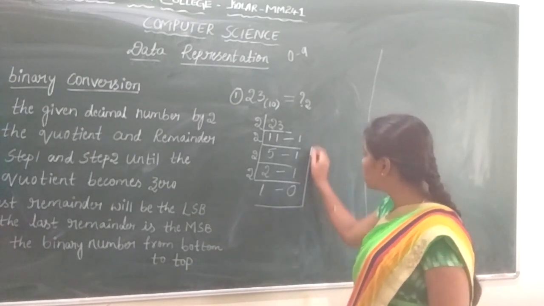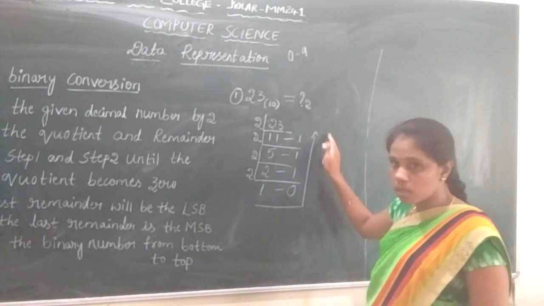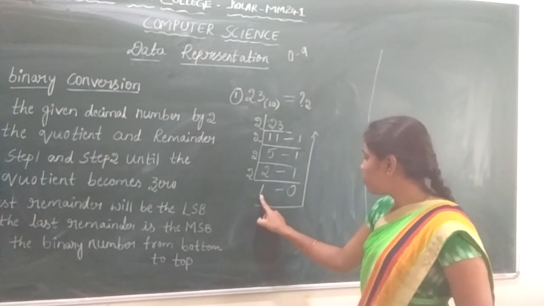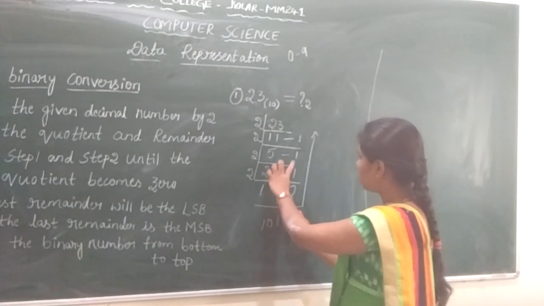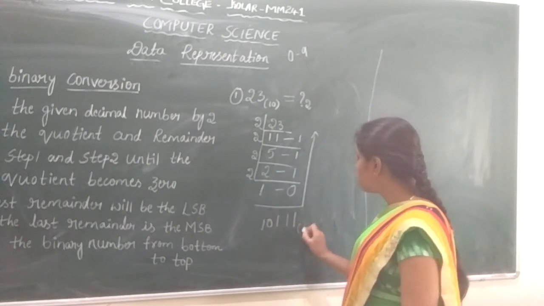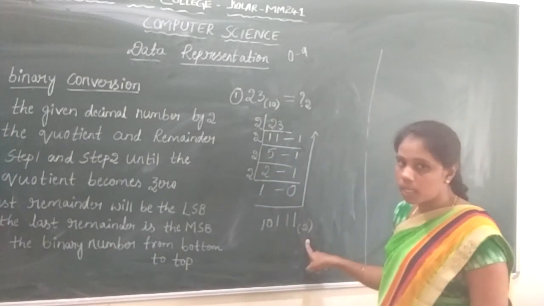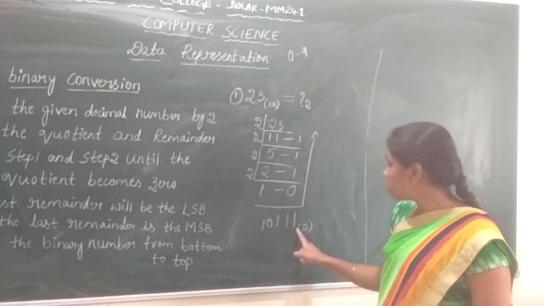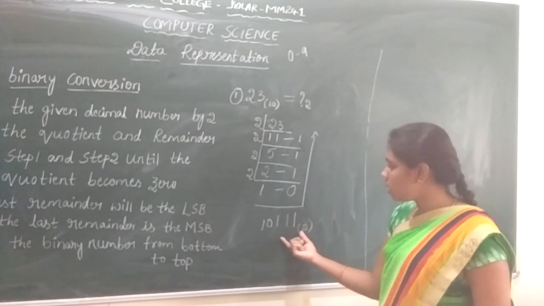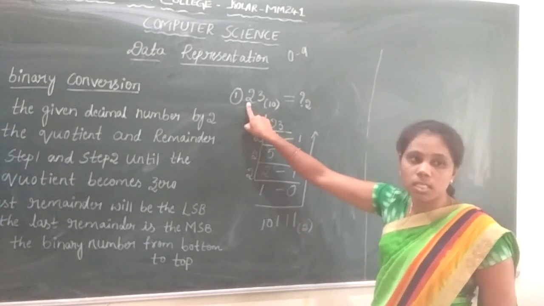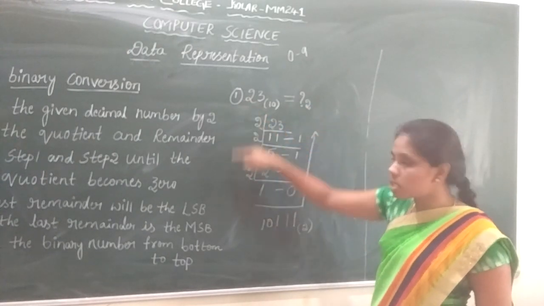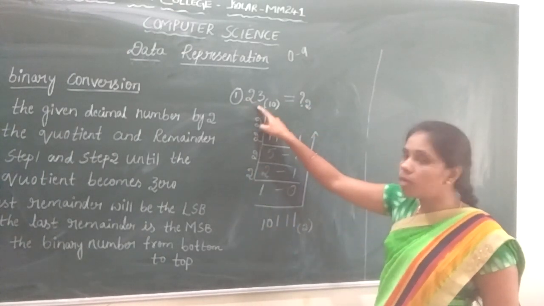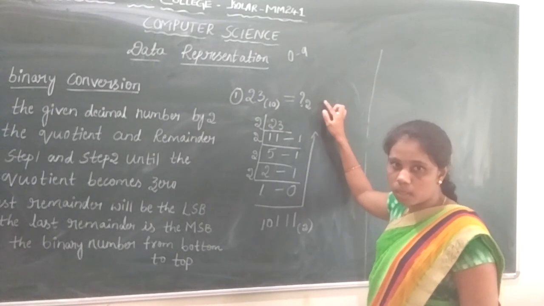So you need to write down the binary values in this way: 1, 0, 1, 1, 1. Then you need to specify the base value as 2. So this is your final binary equivalent value for the given decimal number 23. So this is the process we need to follow while converting from decimal number system to binary number system.